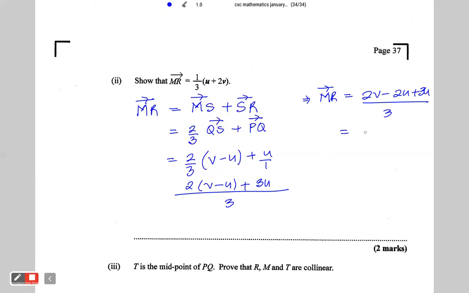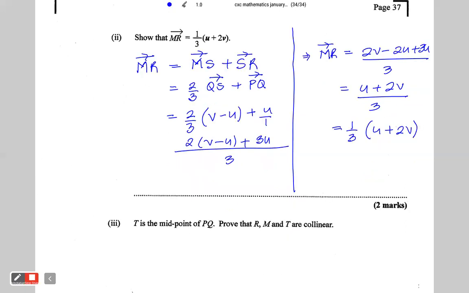So this is -2U plus 3U, which is U, plus 2V, over 3. Dividing by 3 is the same as multiplying by 1/3. So this is 1/3 (U plus 2V). We're asked to show that, and we did.